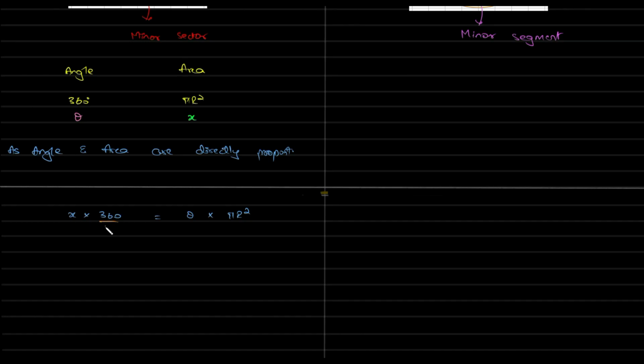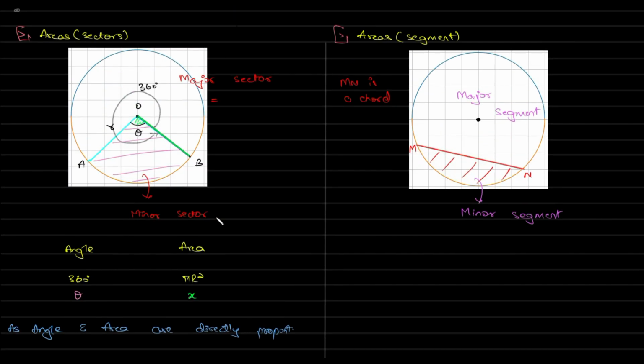So you divide by 360 on both sides. We want x, is it not? So x is equal to theta by 360 into pi r square. And this is your area, basically. Theta by 360 into pi r square. Don't memorize this. It should be something commonsensical.